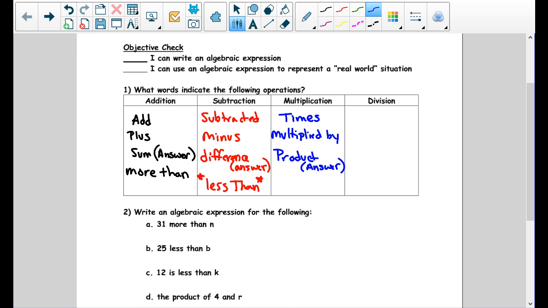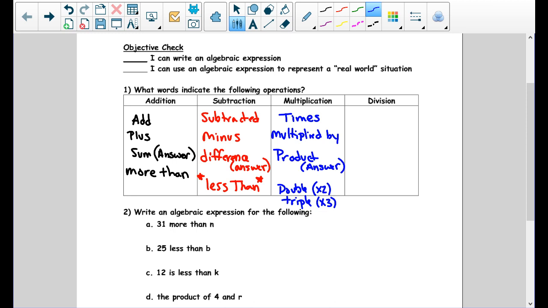You could have a special one, something like doubled or tripled. Double would be times 2, and triple times 3. So there's some little ones like that. You won't see those very much.